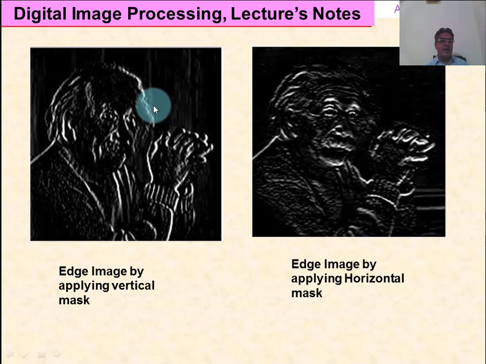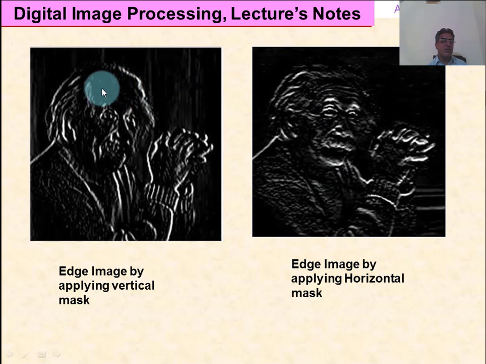Here we are not getting the eyebrow edge, but here we are getting the eyebrow edge because eyebrows are in the horizontal direction, and you may see it here, the forehead lines are highlighting due to the horizontal mask.